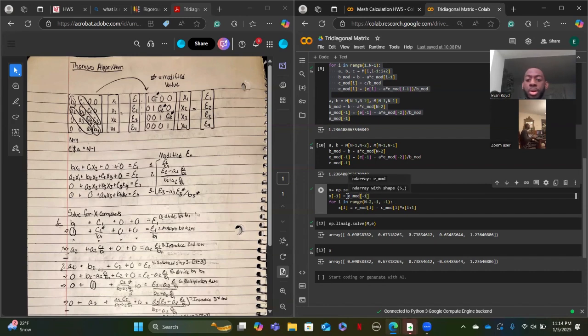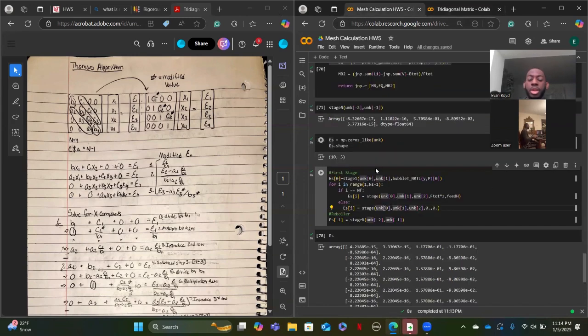So evaluate our equations, and then we will have to modify. Oh, we have to evaluate our equations. So then we need a function for this.